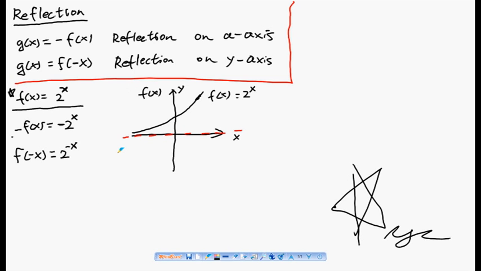So when I am asked to sketch minus the function of x, we have to reflect it on the x-axis, so the graph would look like this.